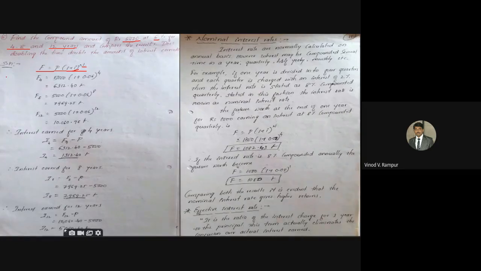I'll explain it afterwards. This is the future sum of the amount, that is F.